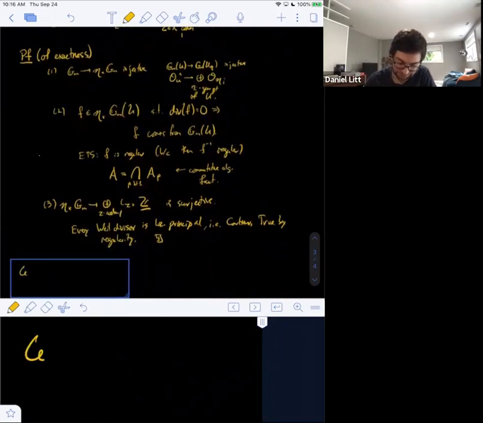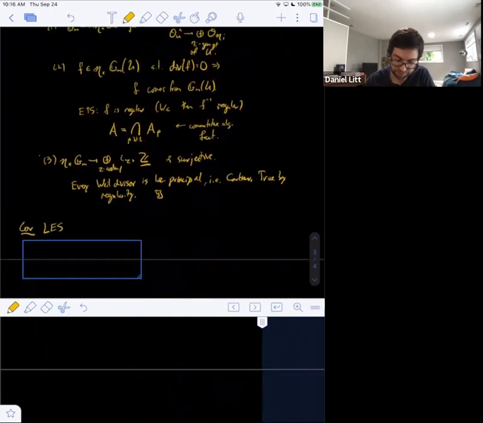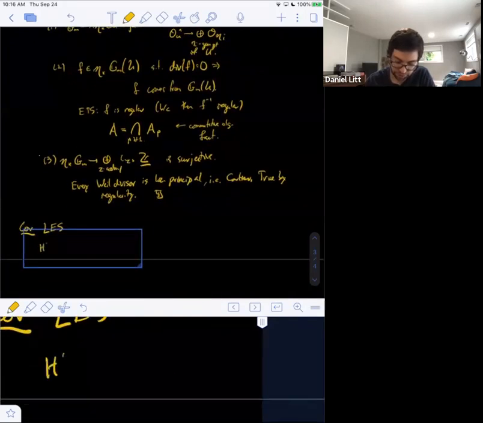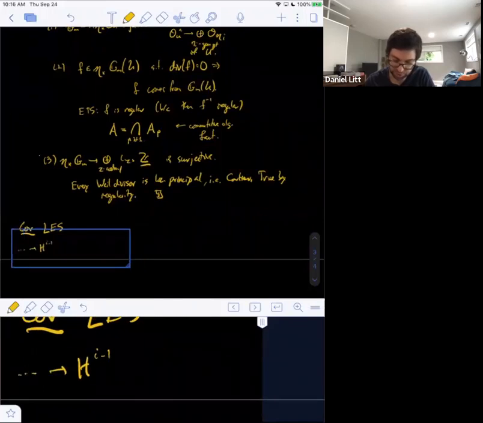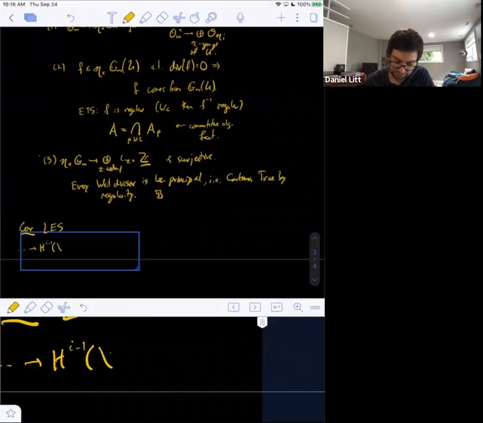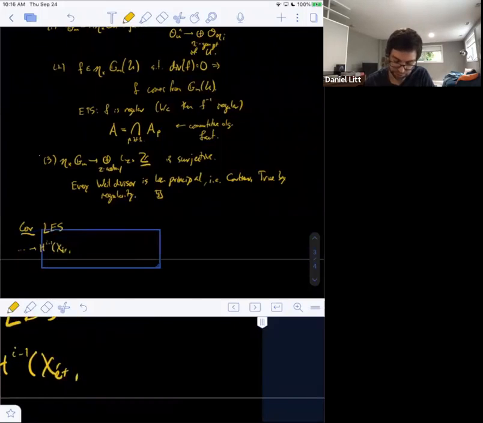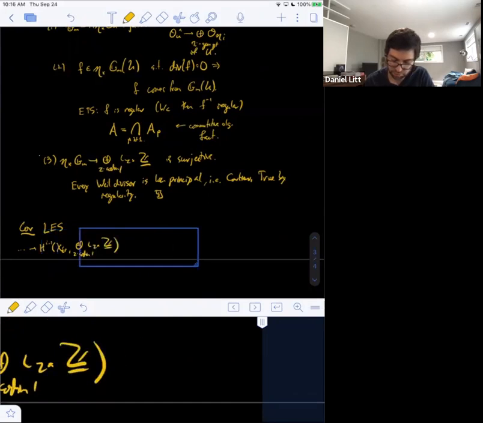Okay, so the corollary is that there's a long exact sequence going from H^{i-1}, so it starts somewhere here, of X Etale with coefficients in this divisor sheaf, to H^i of X Etale with coefficients in GM.